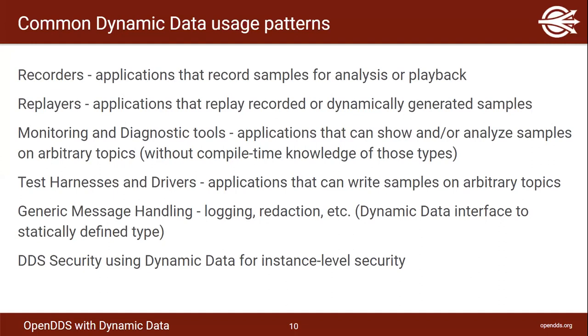The playback would be done by an application called a replayer, which would essentially load all of that data in and then play it back out. Or maybe it does dynamically generated samples based on those, or just dynamically generated samples in general. So the replayer, again, doesn't really care about what the type is, other than it knows that there's data that needs to be written on a particular topic.